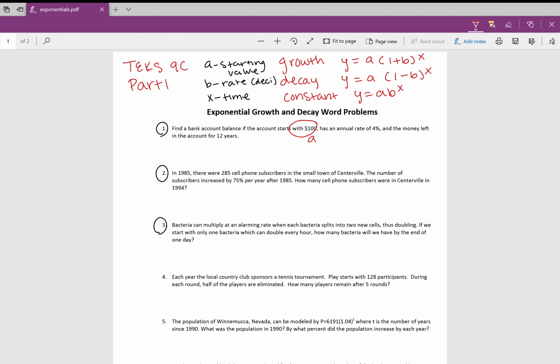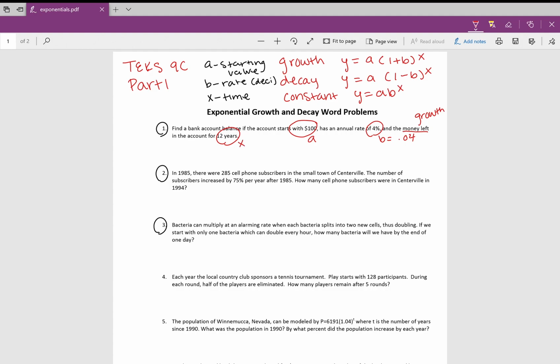An annual rate of 4% is our B value, which as a decimal is 0.04, two decimals to the left. Since the money is left in the account, it will always increase, so this is a growth. And 12 years is our X.